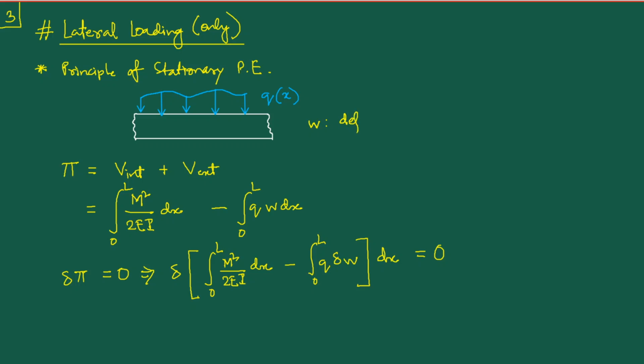So deflection means how much this beam is going to deflect from this straight orientation. When it curves down like that, how much is the deflection from that horizontal orientation? And that, you understand, will be very much a function of x.